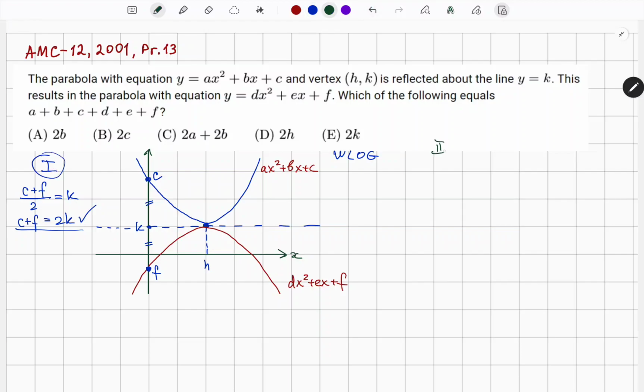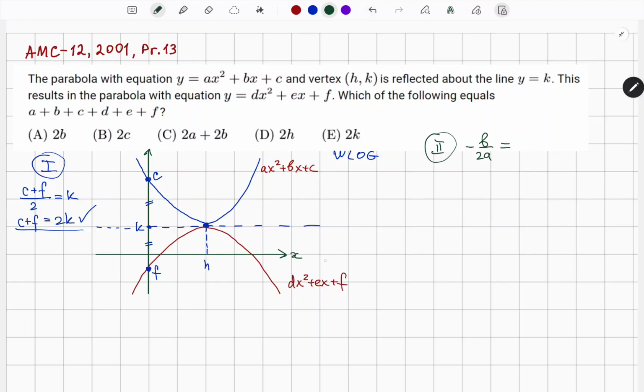That's the first fact that we have. The second fact: let's continue comparing the two parabolas. I see their x coordinates of the vertex are the same. The x coordinate of the vertex is given by the famous formula minus b divided by 2a. That is the x coordinate of the vertex for this parabola.